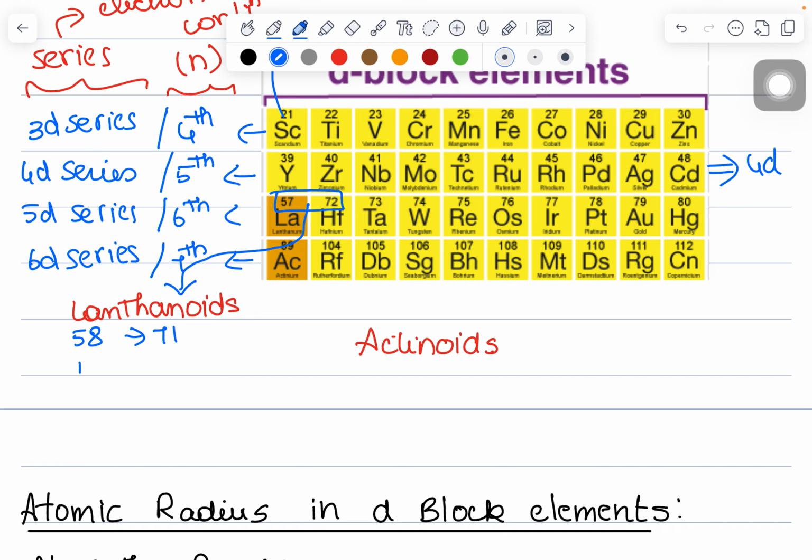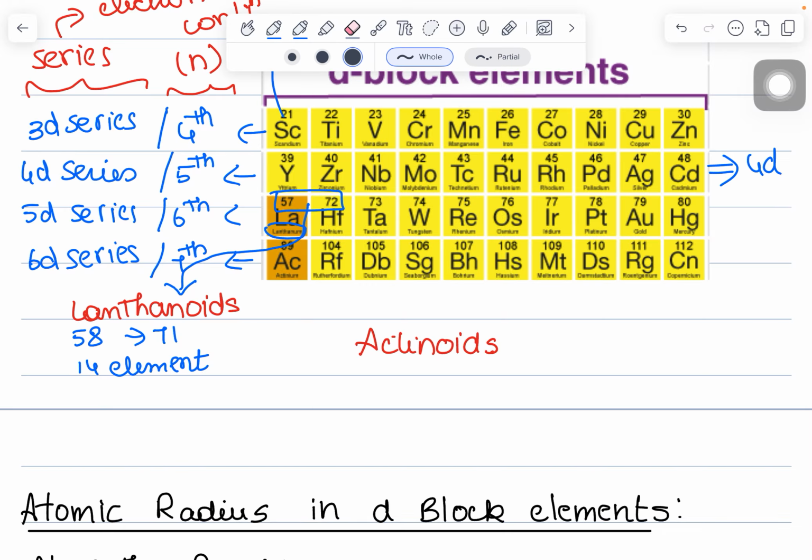They are kept separate, outside the periodic table. These are called lanthanoids because they come after the element lanthanum.